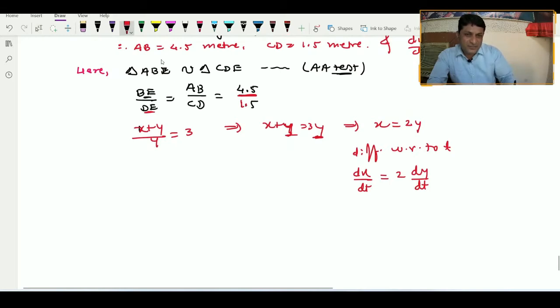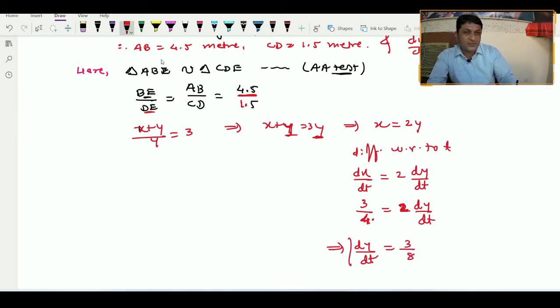So replace it by 3 by 4. So 3 by 4 is equal to 2 dy by dt, which implies that dy upon dt will be equal to 3 by 2 into 4, so 3 by 8. This will be our first required value, dy by dt.